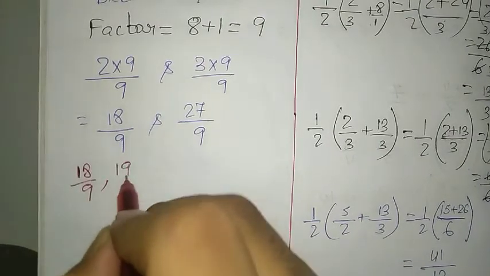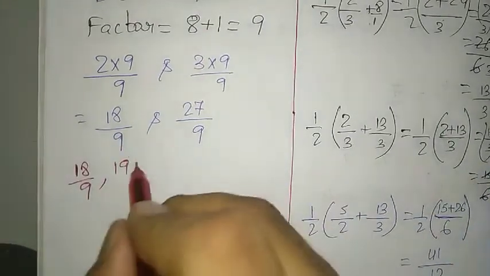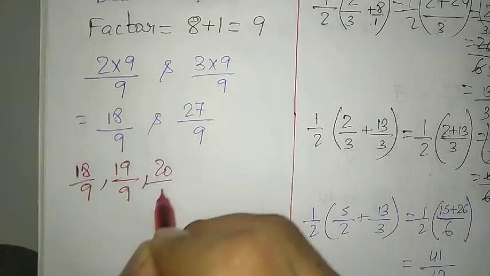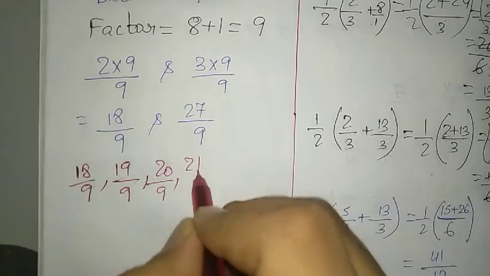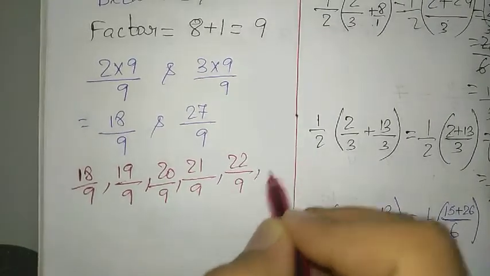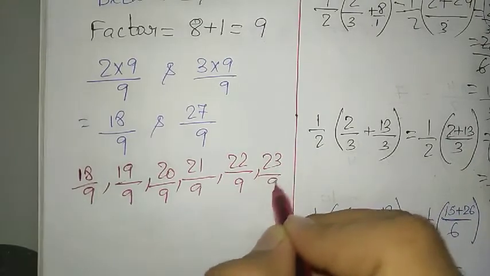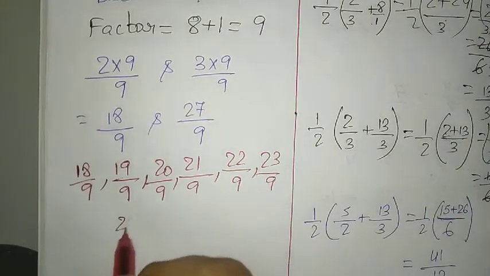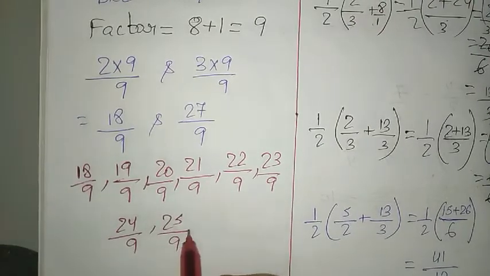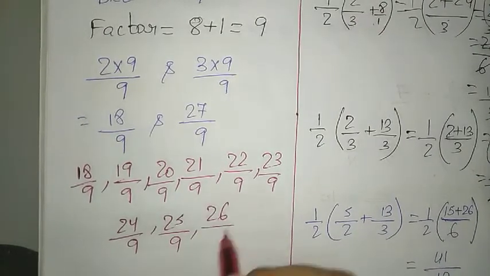The numbers are 19 by 9, 20 by 9, 21 by 9, 22 by 9, 23 by 9, 24 by 9, 25 by 9, and 26 by 9.